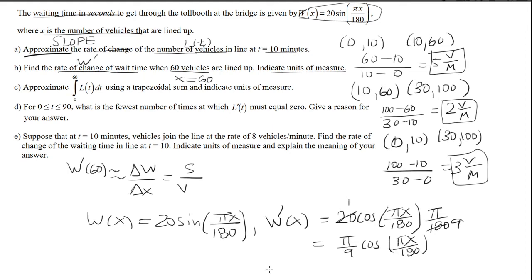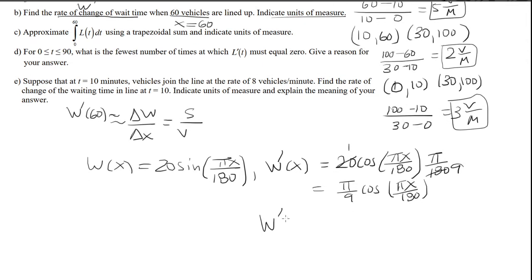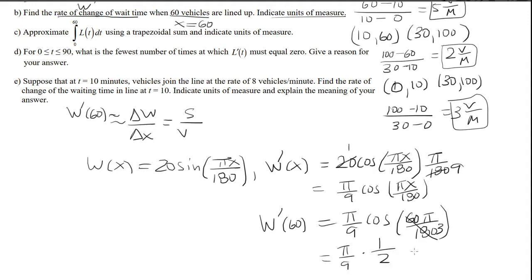Finally, I'm going to plug in x equals 60. So I get pi over 9 times cosine of 60 pi over 180. This is just pi over 3. Cosine of pi over 3 is a half, times pi over 9. And so that's going to be pi over 18 seconds over vehicle, so seconds per vehicle.